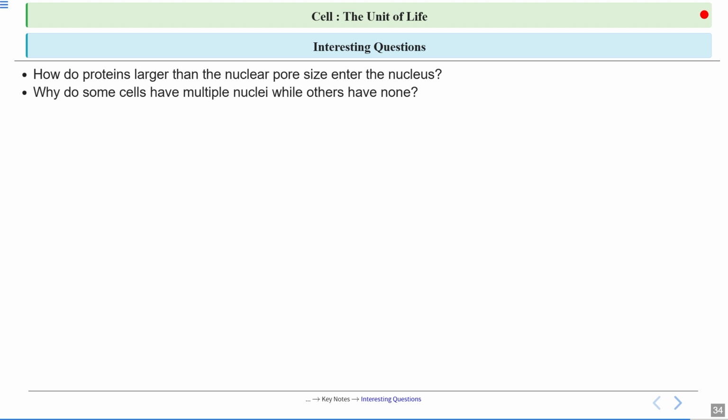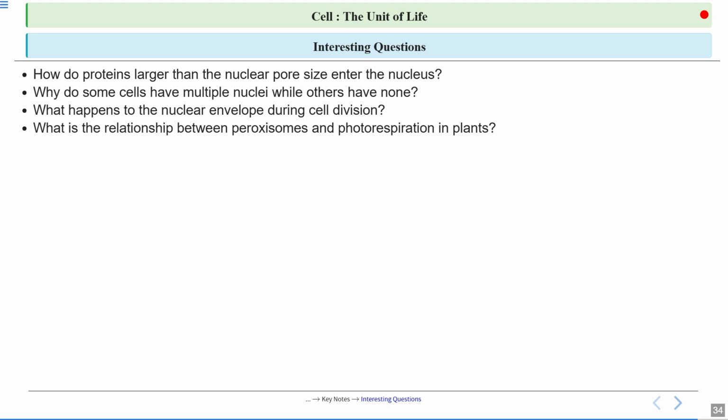Some cells don't have any nucleus, whereas some cells are coenocytic and have multiple nuclei. Next, what happens to the nuclear envelope during cell division, and what is the relationship between peroxisomes and photorespiration in plants? In photorespiration, the carbon dioxide which is fixed is lost in the form of carbon dioxide. Next, why are peroxisomal disorders often fatal? These are some questions which you have to think about and critically analyze.